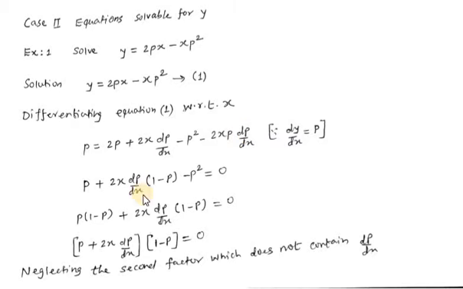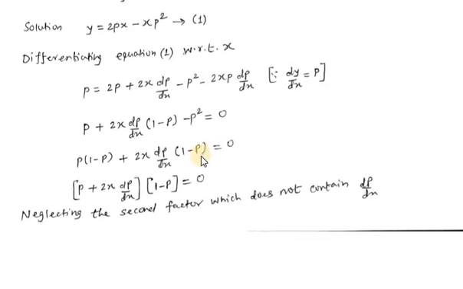Okay, so into bracket we will be having 1 minus p, and this minus p square will be as it is, and this is equals to 0. Now taking common p from p and minus p square, so into bracket we have 1 minus p plus 2x dp by dx into 1 minus p will be as it is, that is equals to 0.